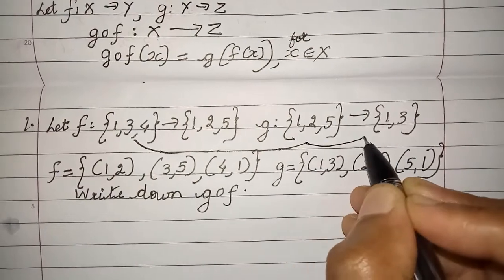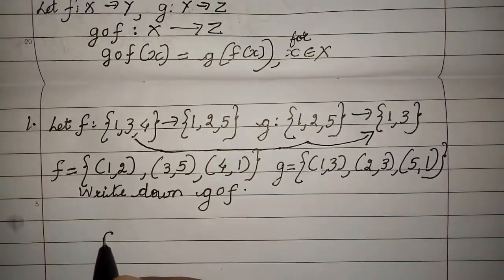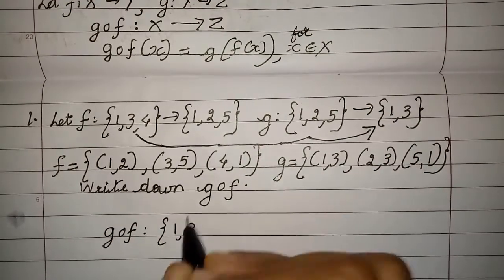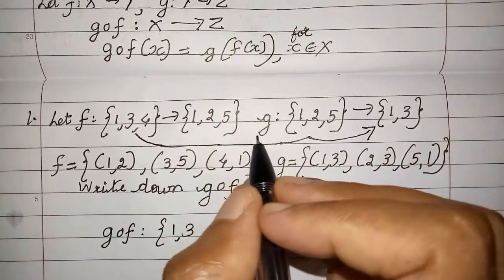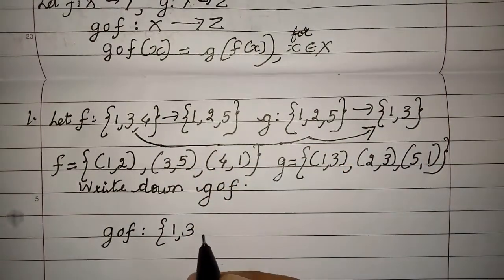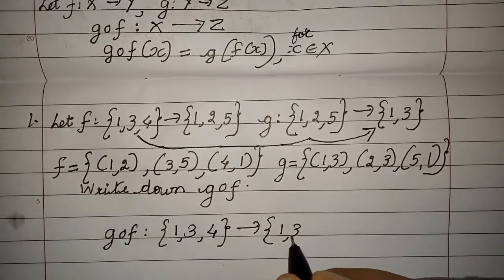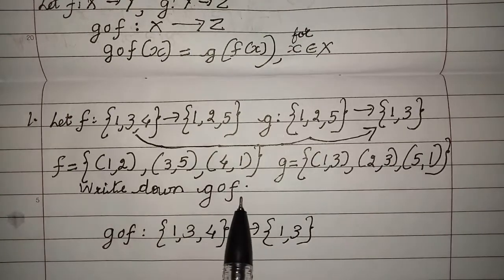It will be going from 1, 3, 4 to 1, 3. So my 1, 3, 4 children will be going to 1 and 3, because these are common elements that act in between and give us the new function. Okay, so this one part is clear. So the g composite f will exist.